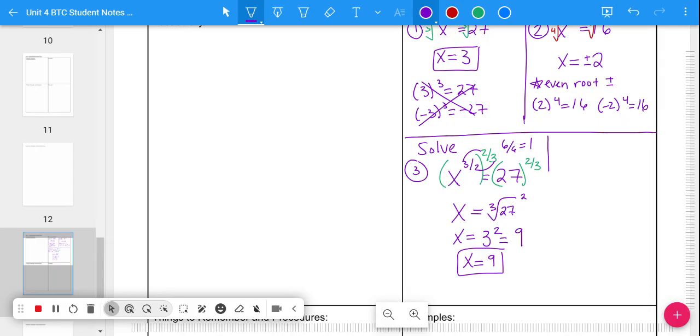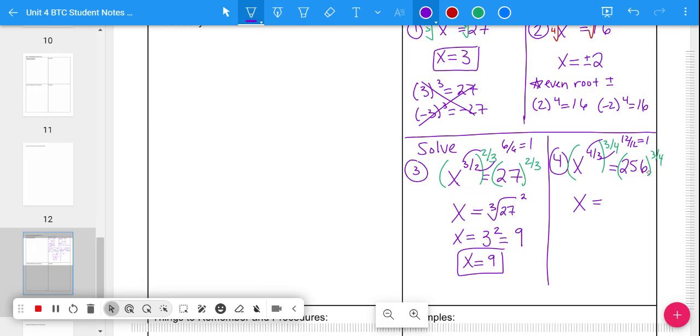We can follow the same idea for doing x to the 4/3 power equals 256. I'm going to raise both sides to the reciprocal power, so 3/4, 3/4. So again, I would get 12 over 12, which means I have x to the first, which is just x.